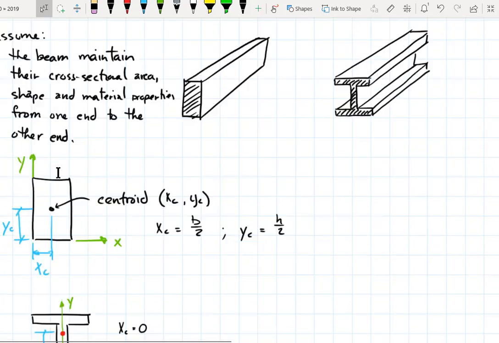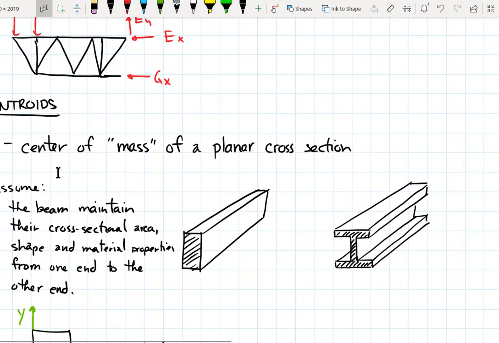So the centroid, I said, is basically like the center of mass. Now, I extrapolated away all of the mass part of it, so I'm not worried about density of the material because I said that the density doesn't change. Actually, I just said the material doesn't change, which implied the density doesn't change from one end to the other.